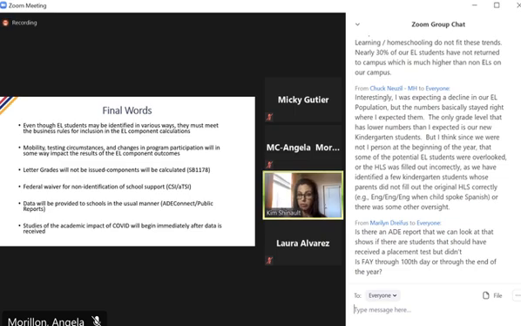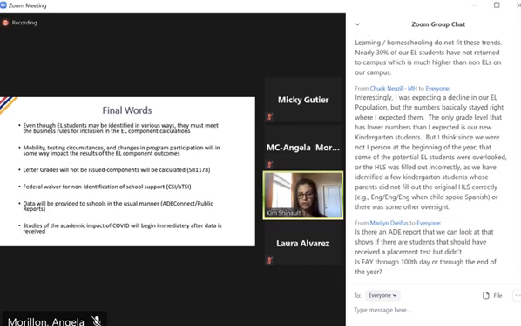Mobility, student mobility, testing circumstances, and potentially changes in program participation can and probably will in some way impact the results of the EL component that we calculate this year versus the way that those results would look in other years.